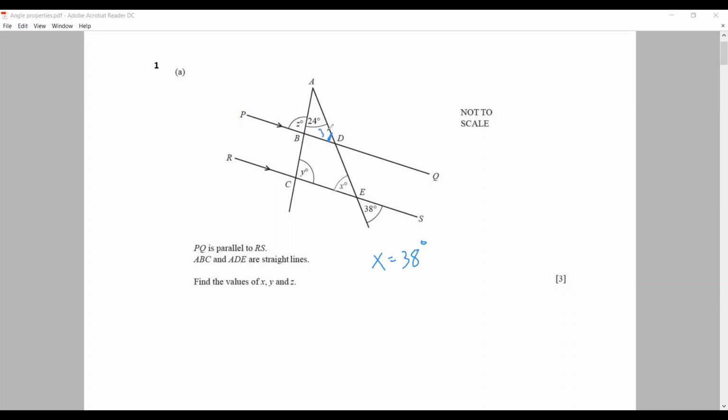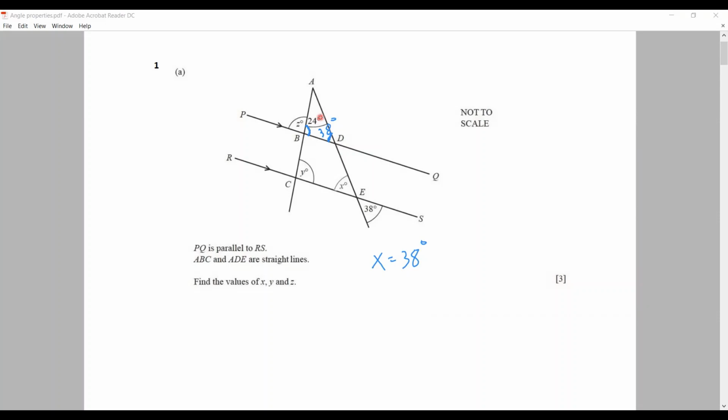That's a corresponding angle, right? And if this is 38 and this is 24, this angle, because if you look at ABD, that forms a triangle, and we know the sum of internal angles of any triangle should be 180.